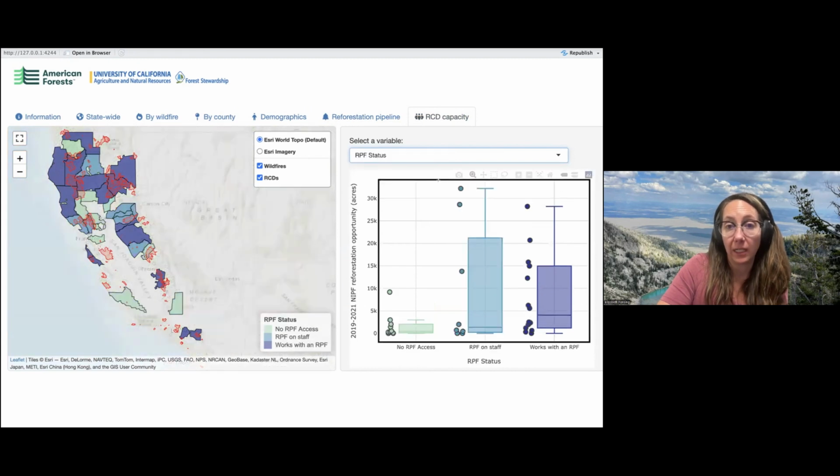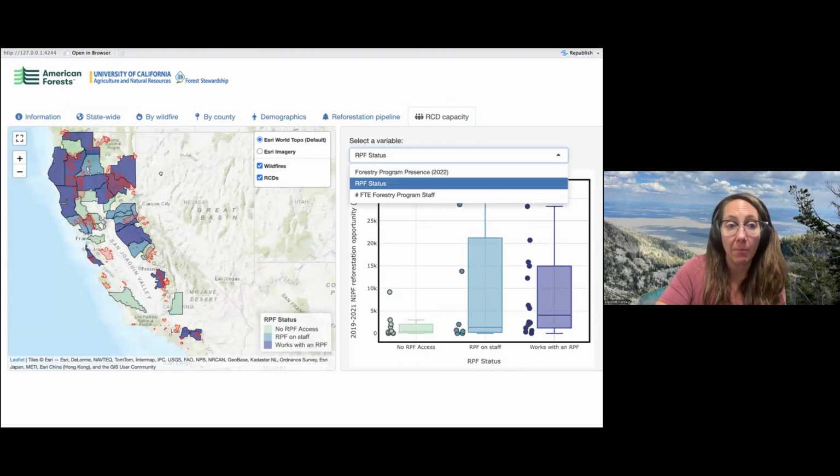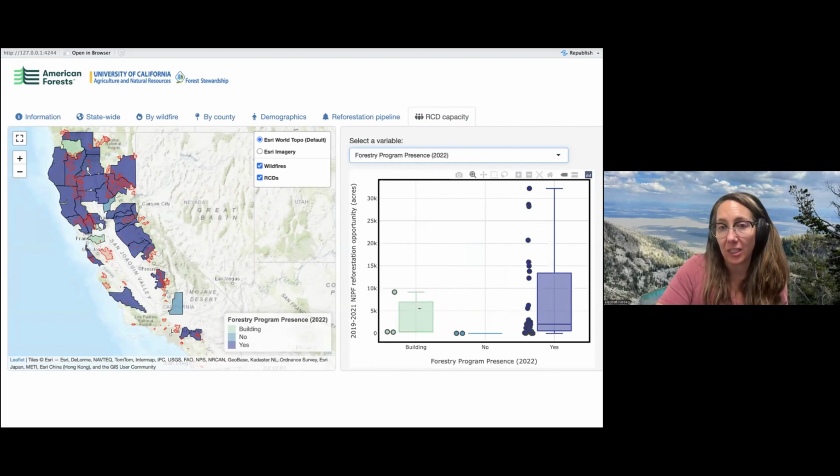You can click these different drop downs and it'll change both the map itself and the graph over here. This plot is essentially telling us what the reforestation opportunity is on the y-axis and the forestry program presence as of 2002 across these different RCDs.